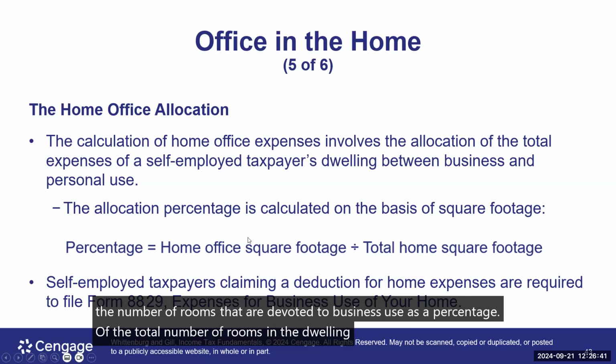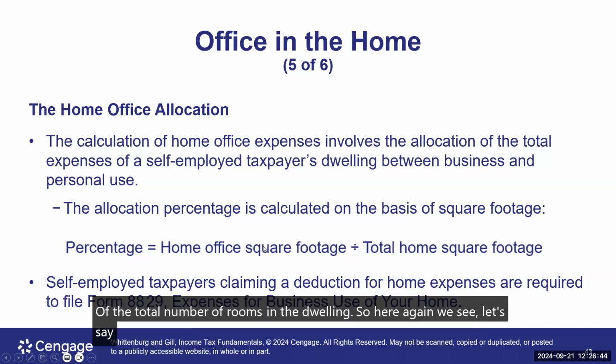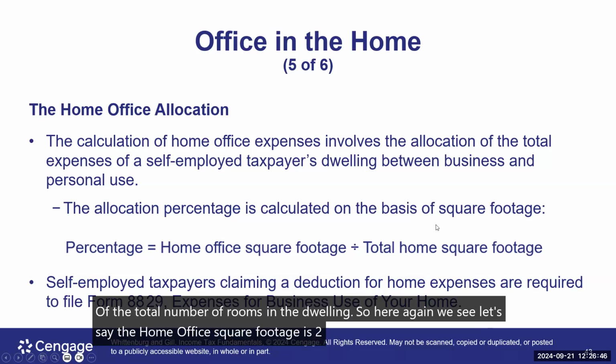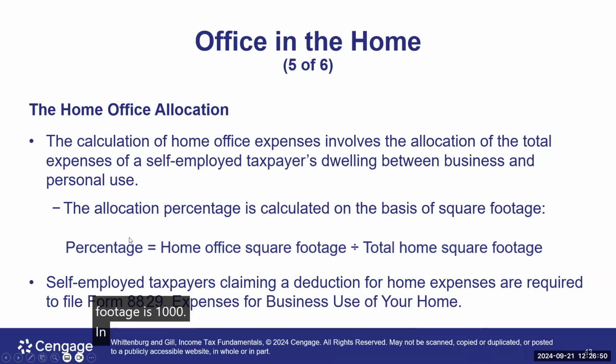So here again, let's say the home office square footage is 200 and the total home square footage is 1,000. In such case, it'll be 200 divided by 1,000.